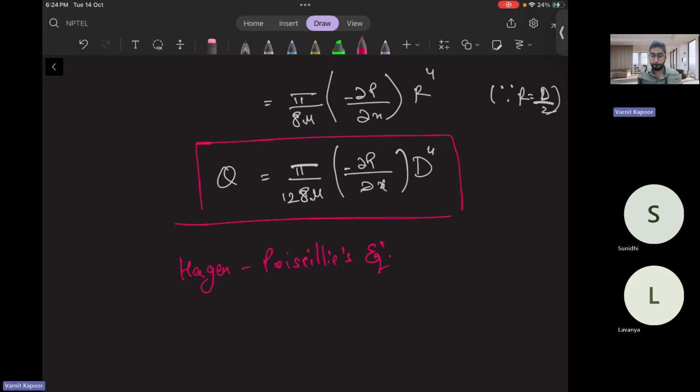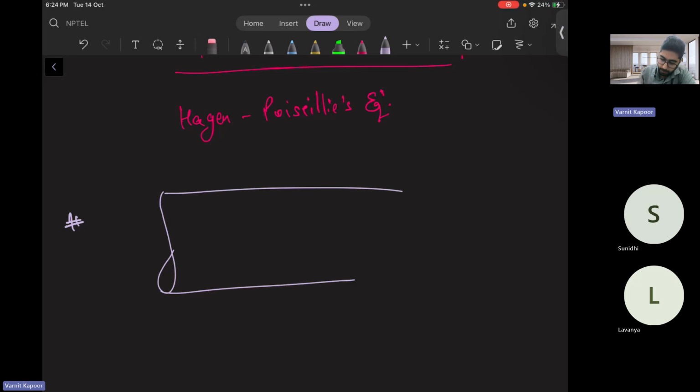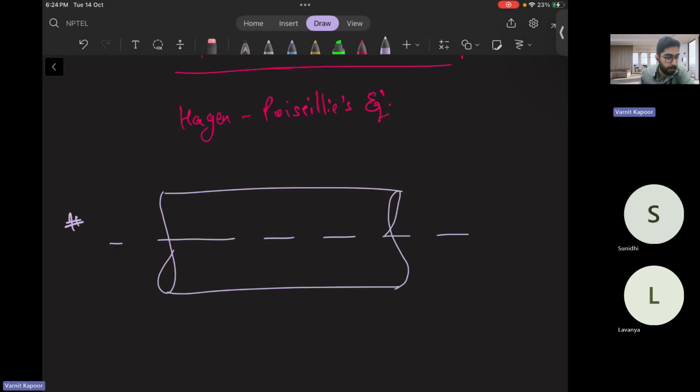So suppose I have a pipe, and I am assuming the mean flow is happening here. The pressure head here is P1, let us suppose, and similarly the pressure head here is P2.